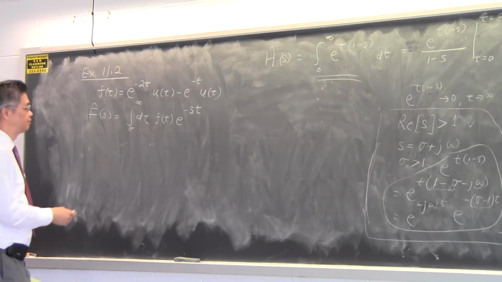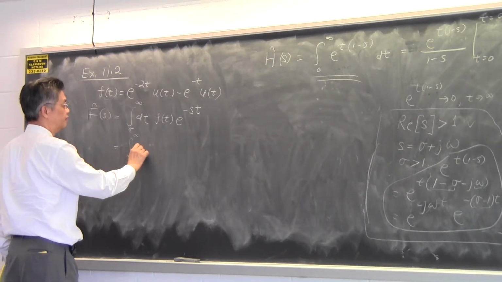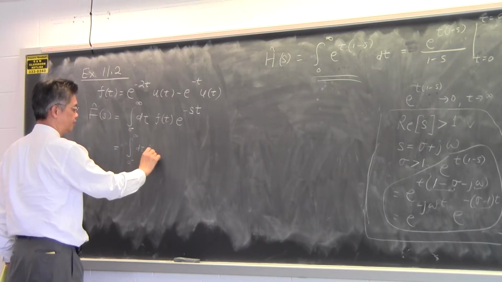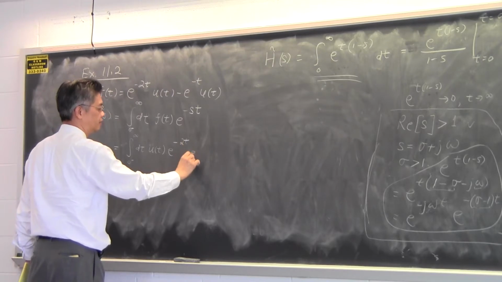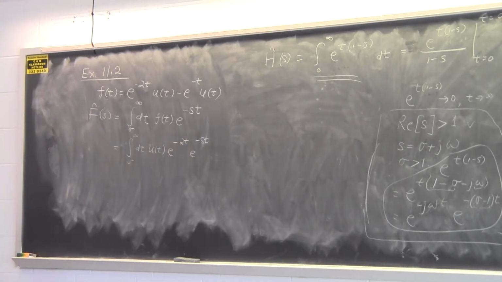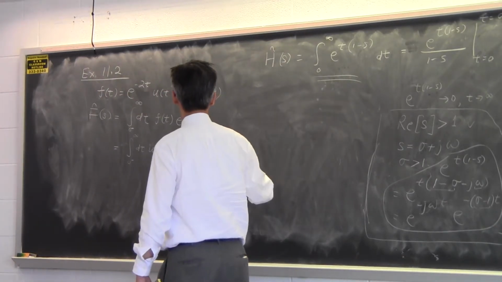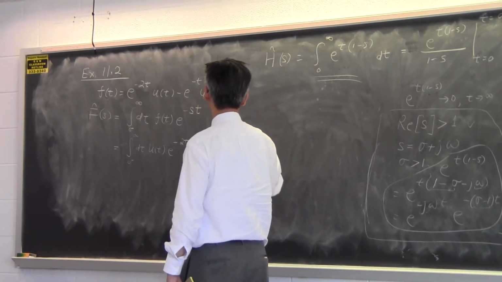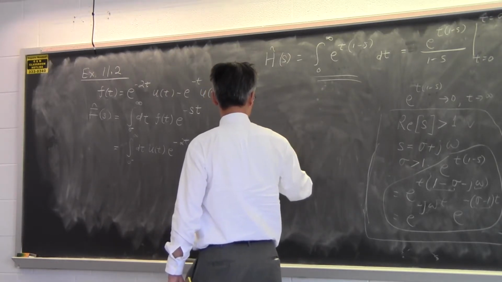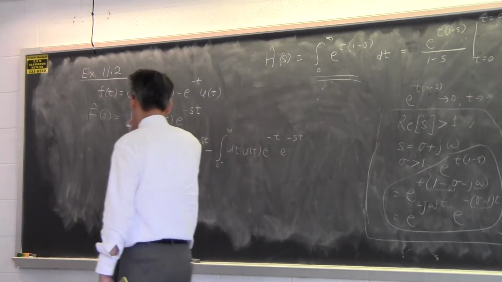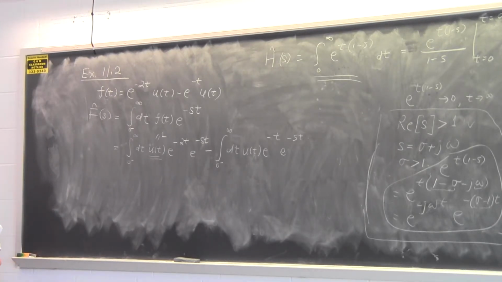When I substitute that in, I get the integral from 0 minus to infinity dt. For the first term, I have u of t e to the minus 2t e to the minus st. The second term is minus the integral from 0 minus to infinity dt u of t e to the minus t e to the minus st. The unit step function is always equal to 1 in this range of integration.